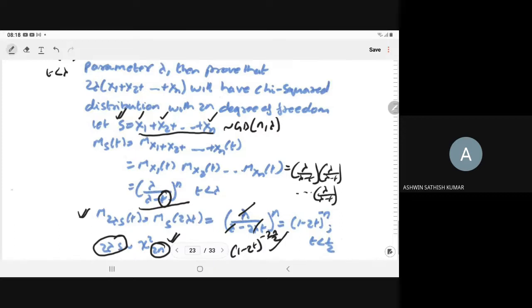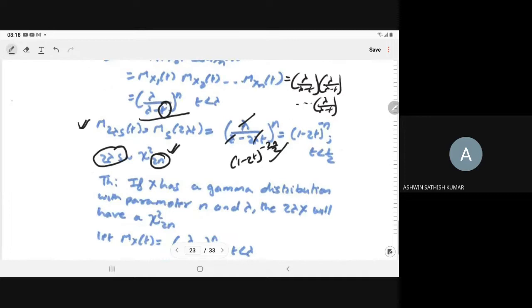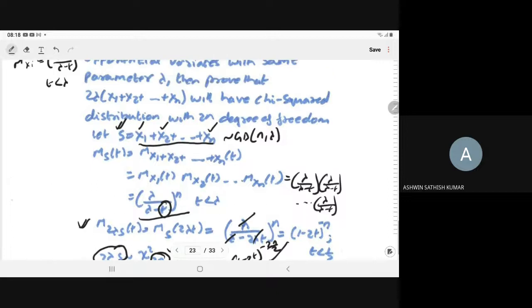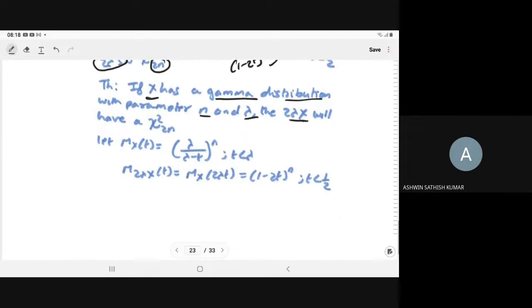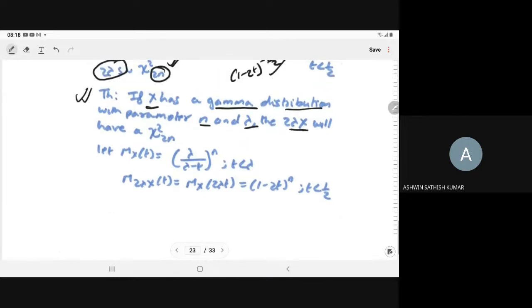So if x has a gamma distribution with parameters n and lambda, then 2 lambda x also follows the chi-square distribution with degree of freedom 2n. That is another theorem, the same thing.